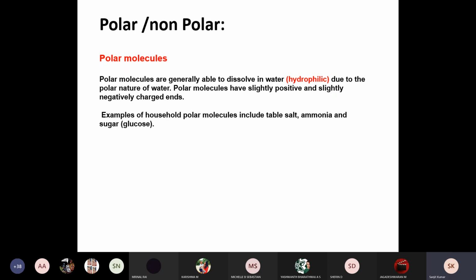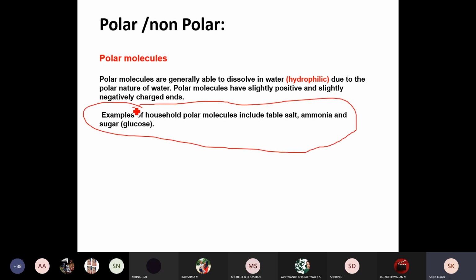Polar molecules are generally able to dissolve in water. I know many students know what is polar and what is non-polar, but just to clear the basics: due to the polar nature of water, polar molecules have slightly positive and slightly negative charges. For example, table salt, ammonia, glucose, if you try to dissolve them in water, they will dissolve easily.